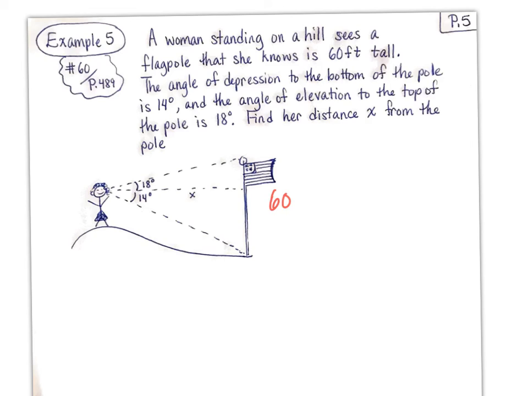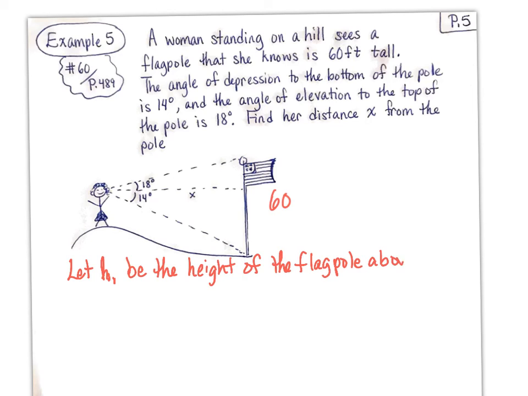Okay? So let h sub 1 be the height of the flagpole above elevation. So on our diagram, what is that? What's elevation?